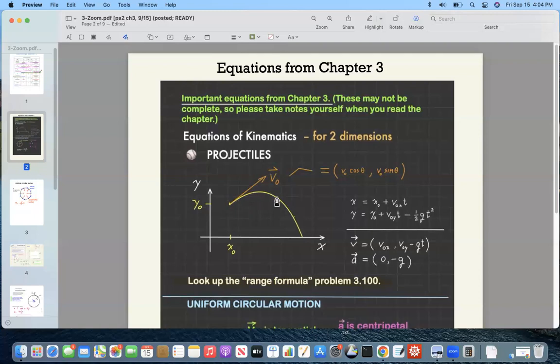So projectile is one example of motion in 2 dimensions. It's really motion in 3 dimensions. But again, if the aerodynamic forces are negligible, then it's really just 2 dimensions. The projectile just moves along a parabola.